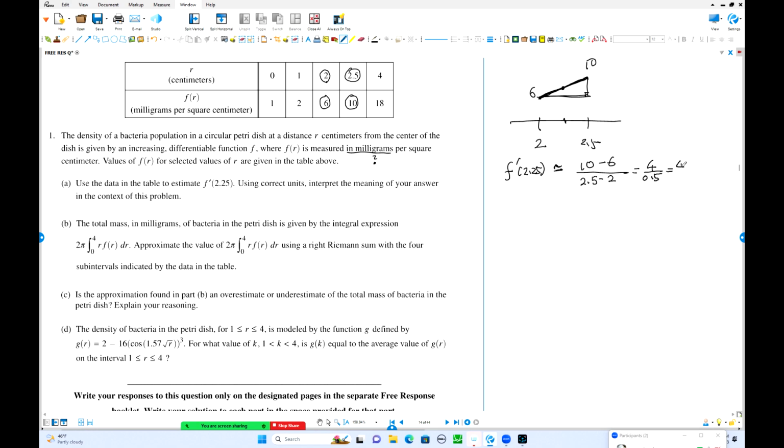That equals 40 over 5, which equals 8. So 8 milligrams per centimeter.